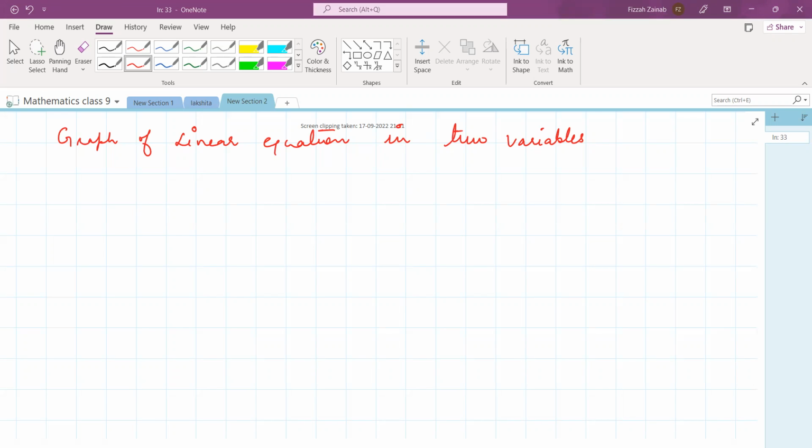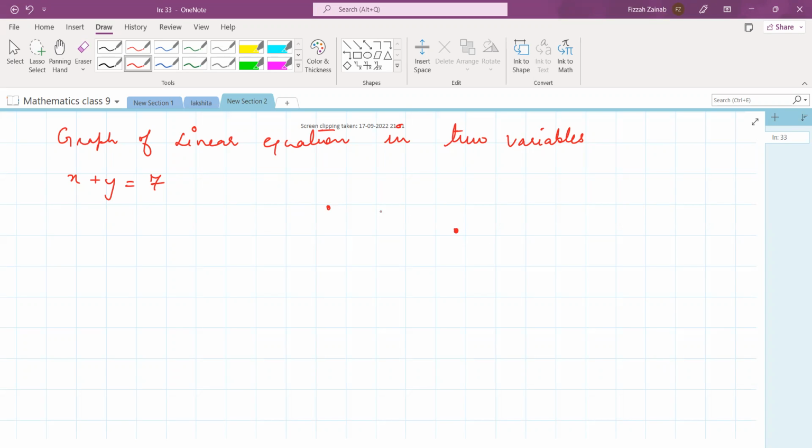So x plus y is equal to 7. Very simple equation I'm taking. It's an example from NCERT. Right. Now how to plot it? If you want to plot a line, how many minimum points do you require? Information about 2 points is enough, right?